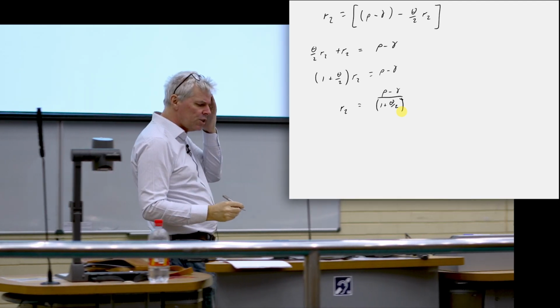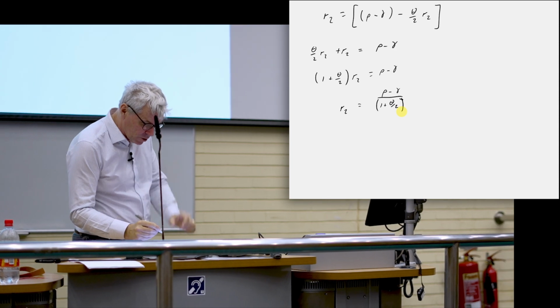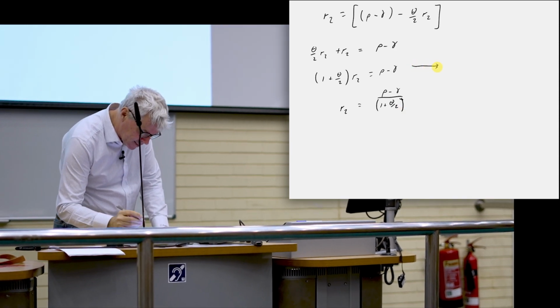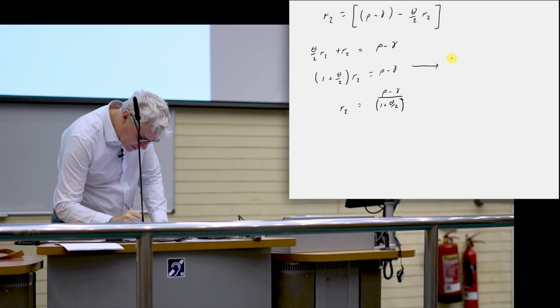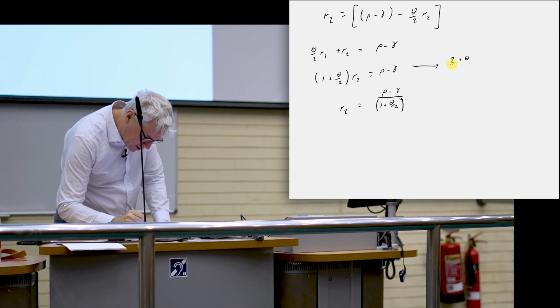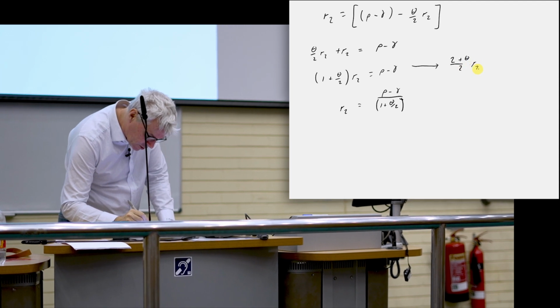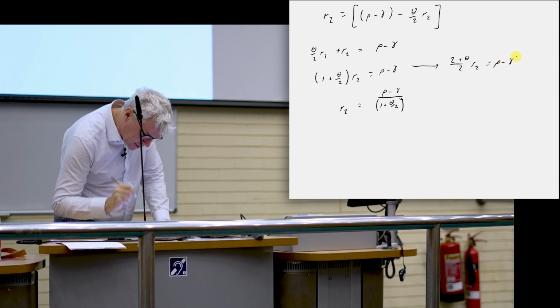But I could, if I wanted to, write it differently, right? I could have written this thing as 2 plus theta over 2, R2 is equal to rho minus gamma.